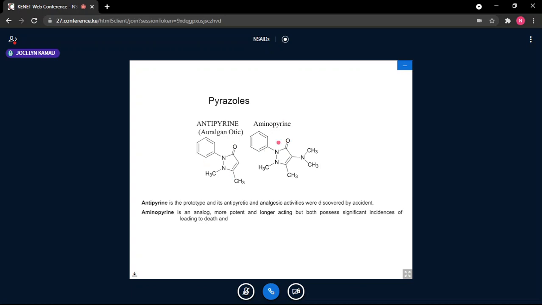They are assumed mainly to block or inhibit the brain COX enzyme, not really the periphery, but they do have some activity. So antipyrine is a prototype, and antipyrines were discovered by accident.